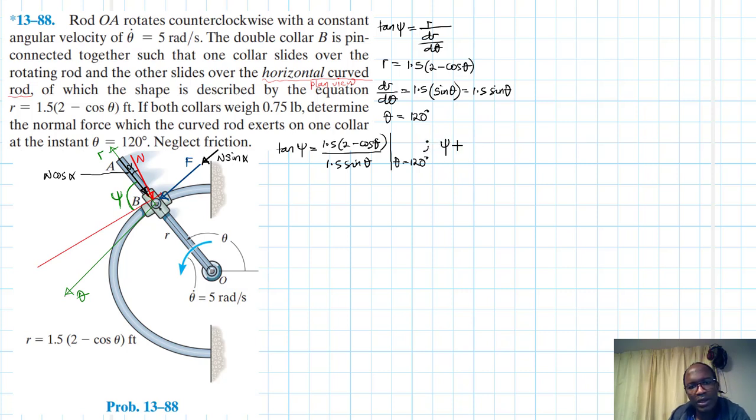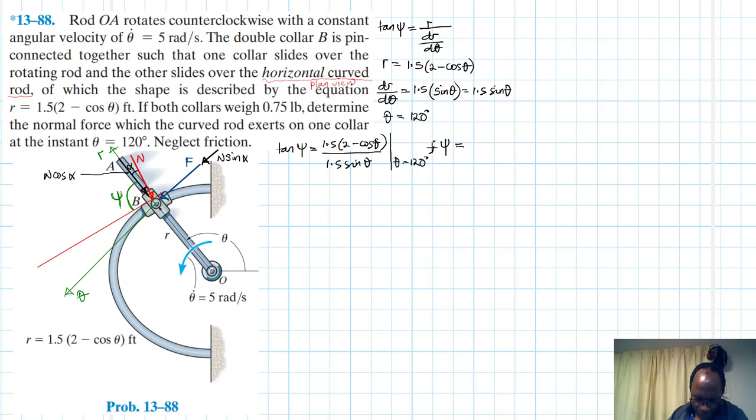Therefore, making psi the subject of the formula, and I don't want to round off anything, psi just becomes equal to tan inverse of 1.5(2 - cos 120) divided by 1.5 sine 120.